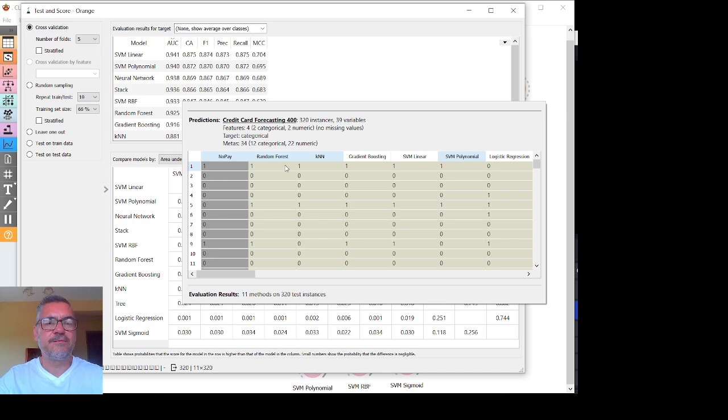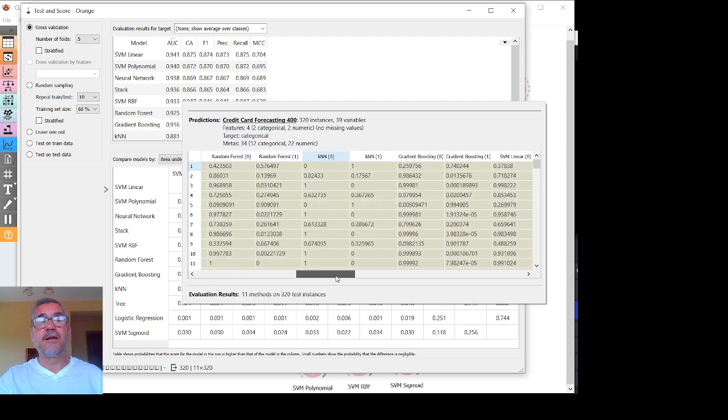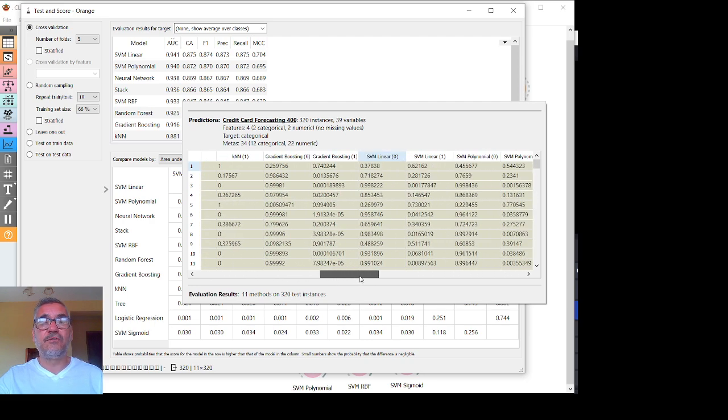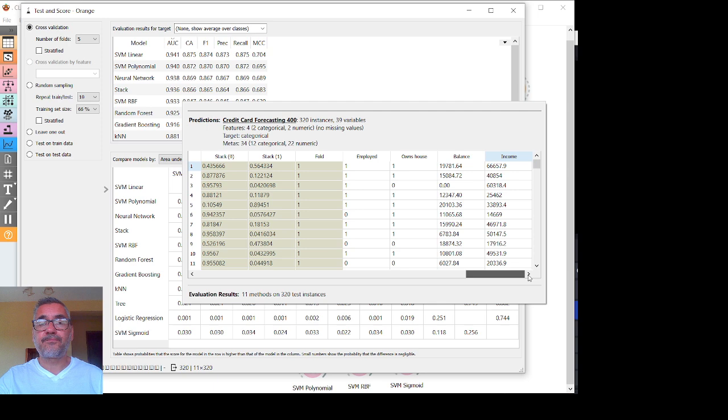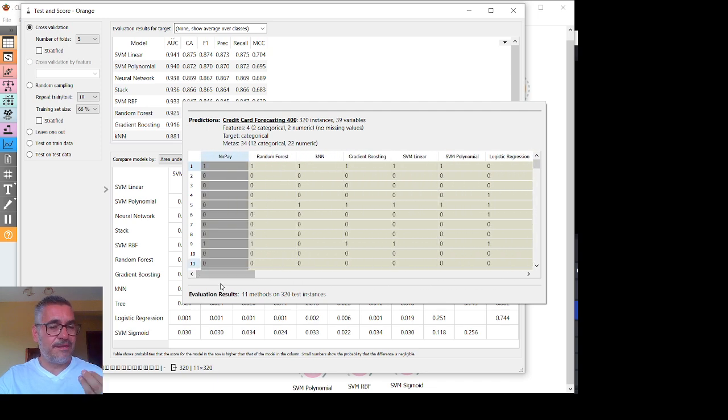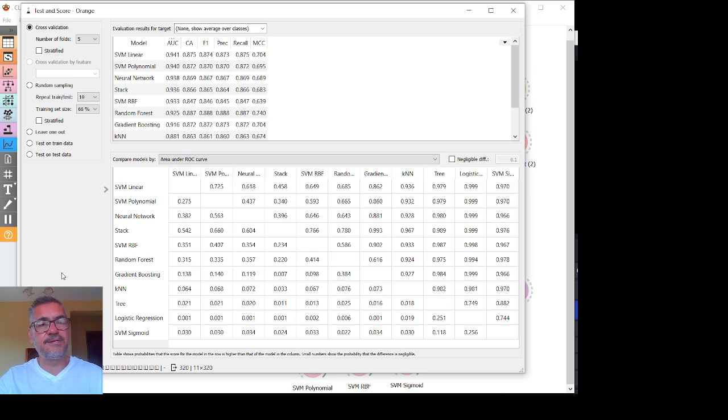The actual value is 1, the random forest predicted 1, the KNN predicted 1, and so on, but the logistic regression predicted 0. So we have all these values here, all the analysis, and the independent variables here for reference. So we have every detail that we may need in our analysis.